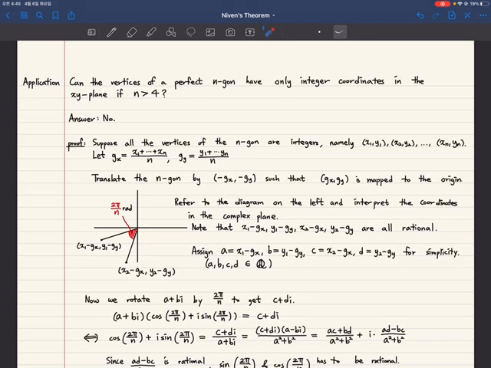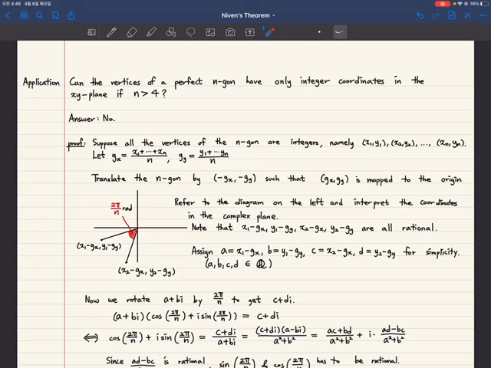We're going to first consider where (x1, y1) and (x2, y2) are mapped. So (x1, y1) is mapped to (x1 minus g_x, y1 minus g_y), and (x2, y2) is mapped similarly. And we can see that the angle between them after they are mapped is 2 pi divided by n radians.